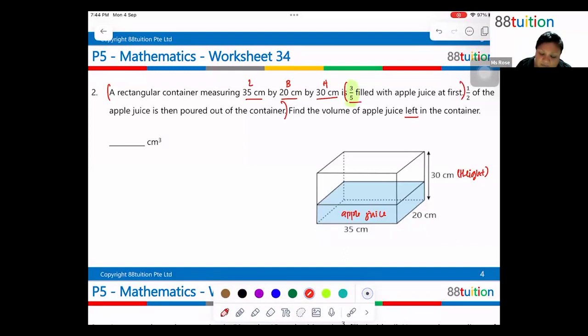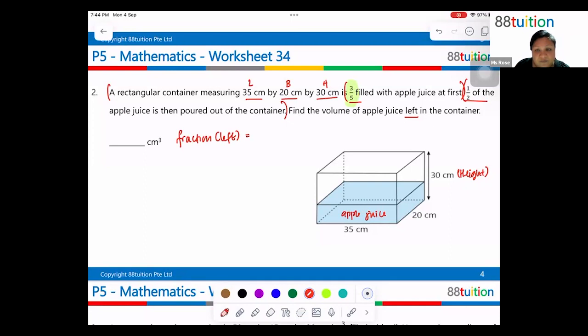Half of it is poured out. Can you see half of the apple juice is poured out of the container? So what fraction is left? What fraction of apple juice is left? Anyone? Giselle, what fraction of apple juice is left in the container?